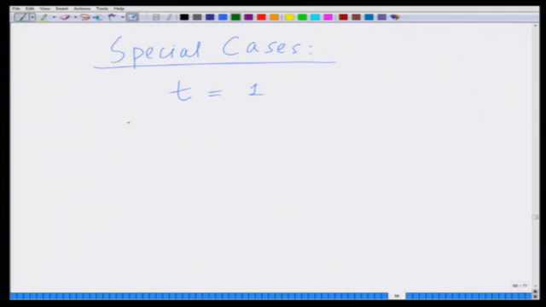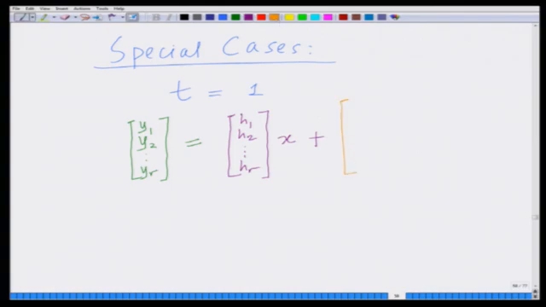Therefore, the model for this MIMO system can be expressed as y1, y2 up to yr equals h1, h2 up to hr times x plus w1, w2 up to wr, and we have already seen this model.